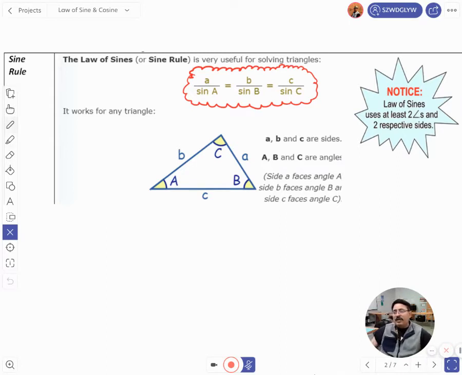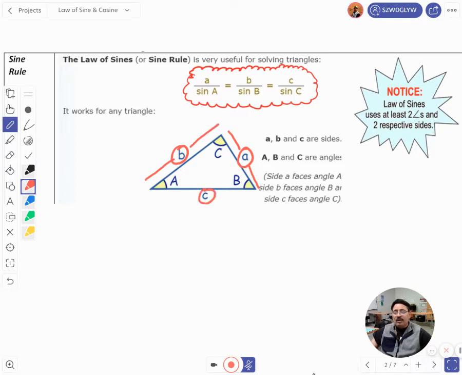Let me rewrite it again. For the sine rule, first of all, please remember that the sides of the triangle are indicated by lowercase letters and the angles are labeled with uppercase letters.